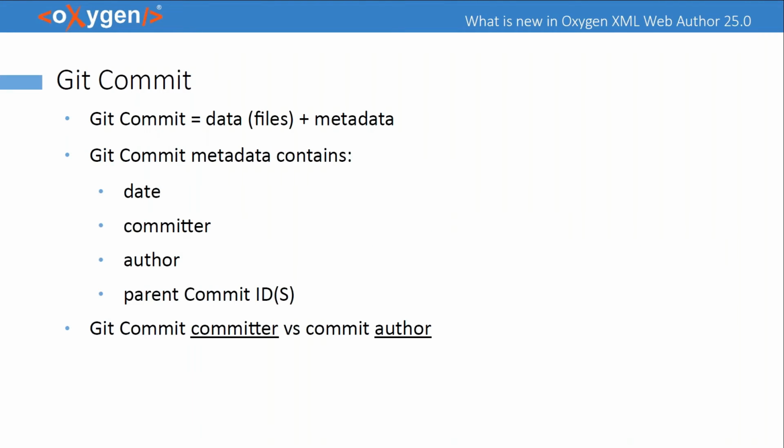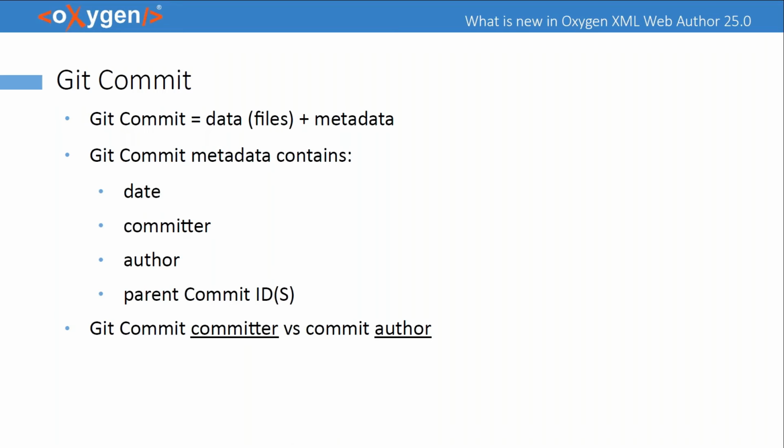Furthermore, let's take a look at the commit. A commit, like I said previously, is a snapshot of the files, and it contains, or let's say contains, but it's not quite accurate, but let's stick with it simply, data files together with their metadata.